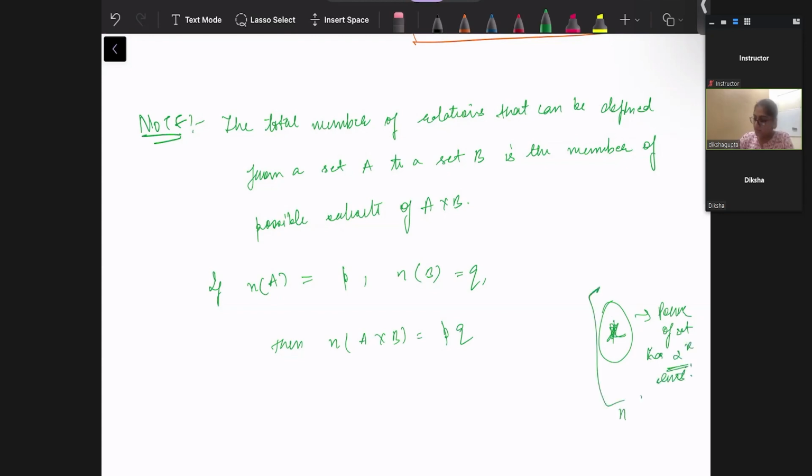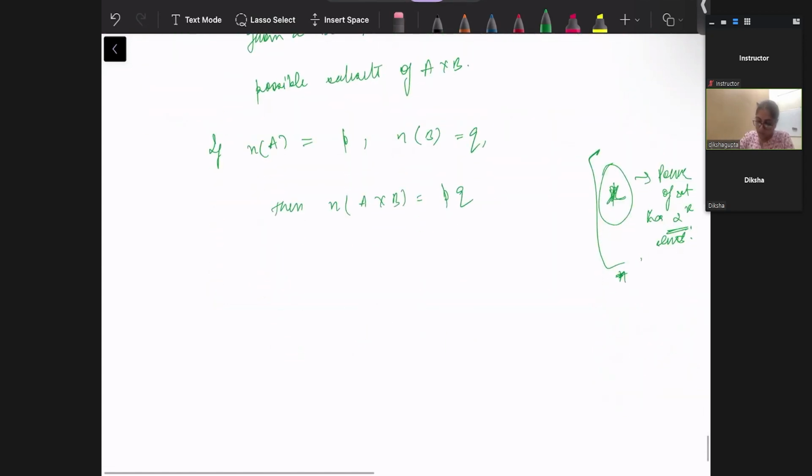This comes from the permutation combination formula, so maybe we'll go into the detail when we study that chapter. But right, the total number of relations: relations किसके सबसेट है, A क्रॉस B के, जिसमें कितना एलिमेंट्स है, pq.